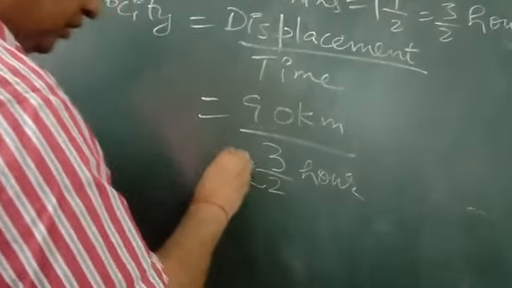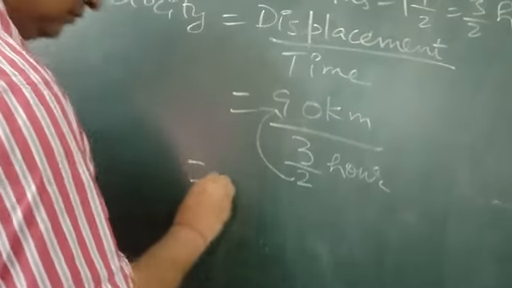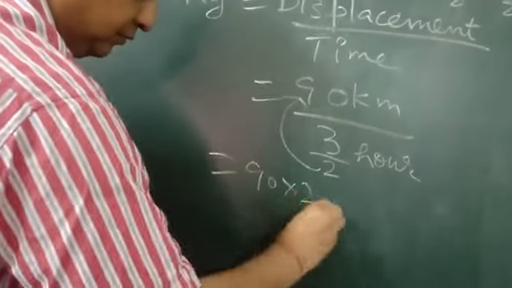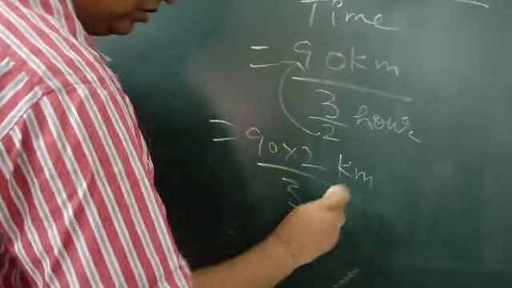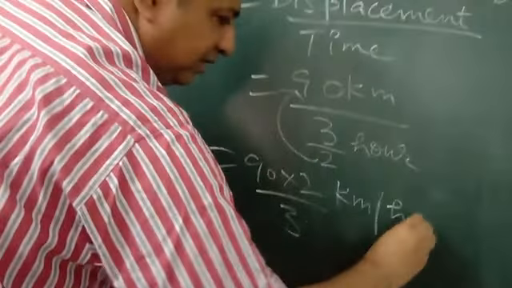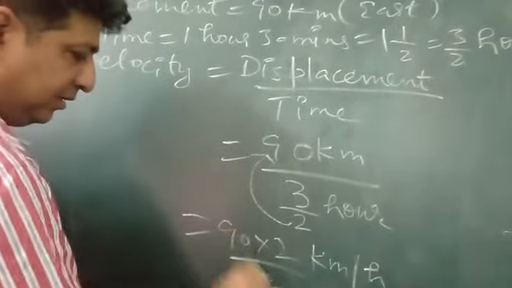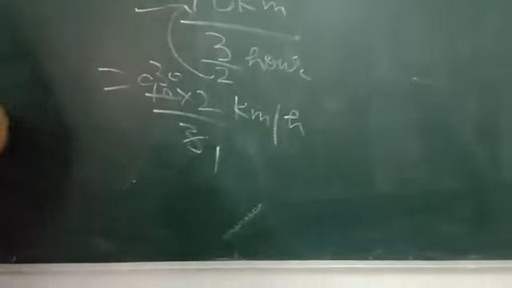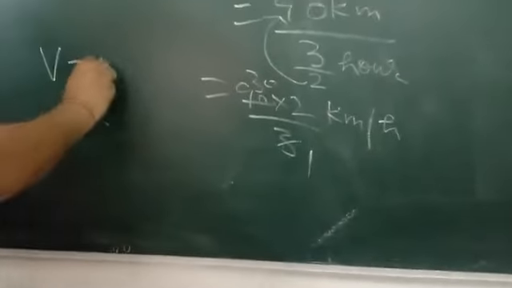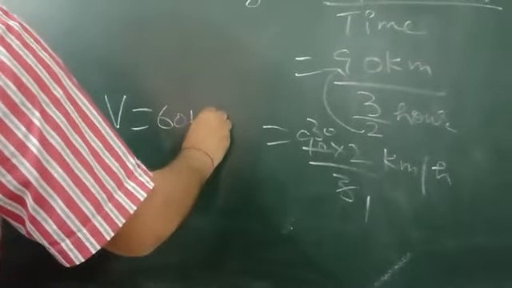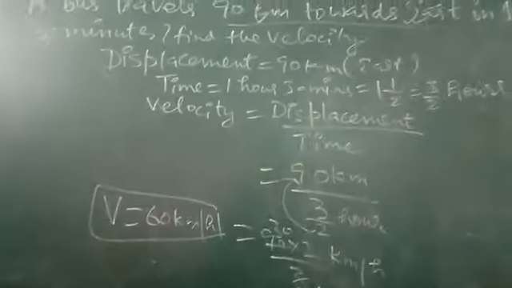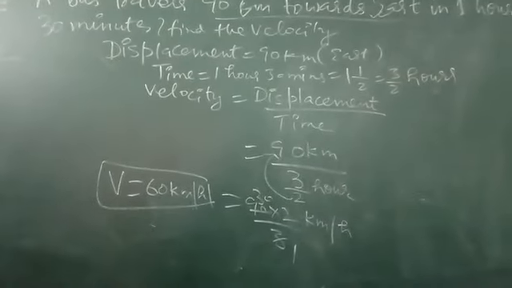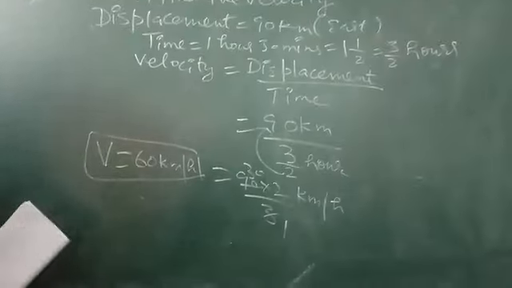This 2 would get multiplied with 90. Do it carefully, okay? Kilometer और ये नीचे hour, इसको ऐसे लिखेंगे किलोमीटर पर hour. This gets cut. And ultimately our velocity value is 60 kilometer per hour. This is the velocity with which this bus is traveling towards east.